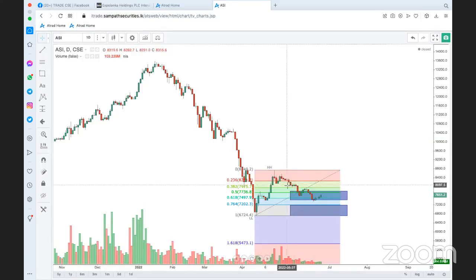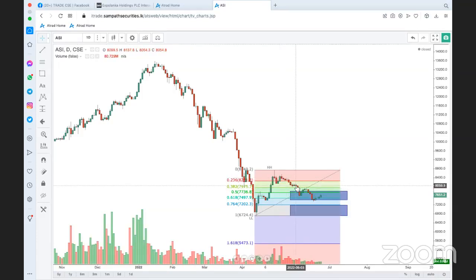Therefore I'll be using this area also as a resistance level, or I can leave this entire thing, meaning this level, and take it up to either this resistance or this resistance, right?